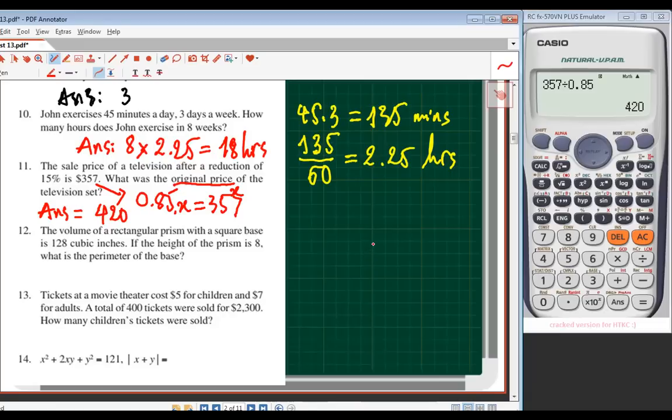Question number 12. The volume of a rectangular prism with a square base is 128 cubic inches. If the height of the prism is 8, what is the perimeter of the base?